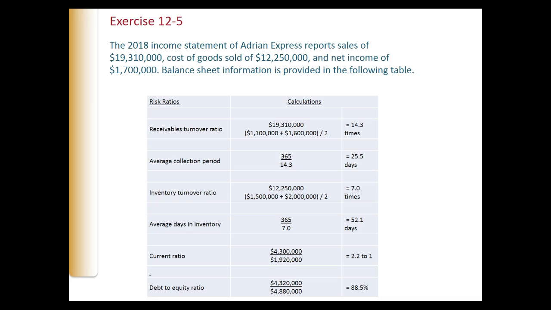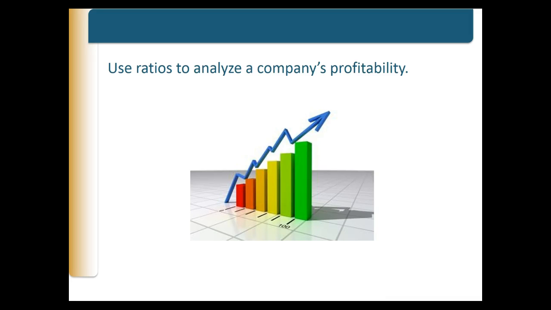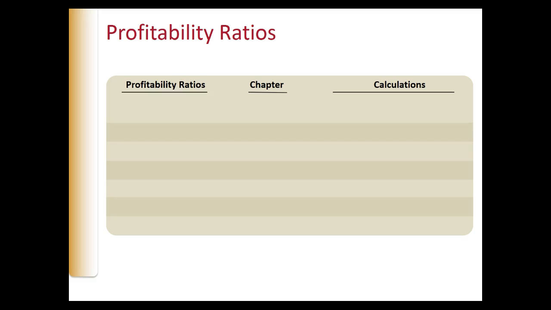So you take the current assets, divide that by the current liabilities, and it gives you the ratio of 2.2 to 1. Debt to equity, again your total debt divided by your total equity, gives you 88.5%. Let's look at ratios to analyze the profitability of a company.